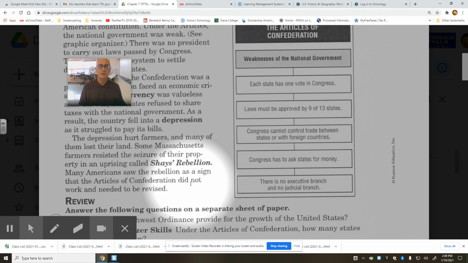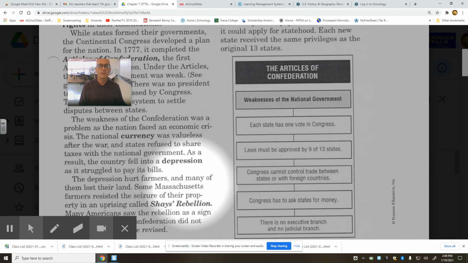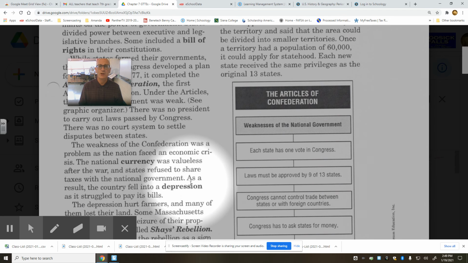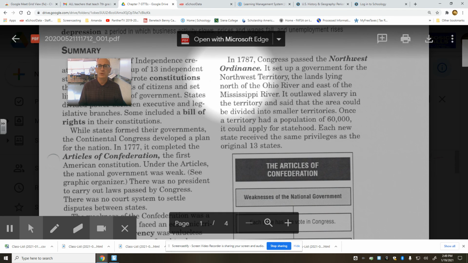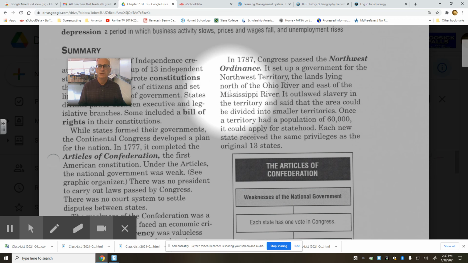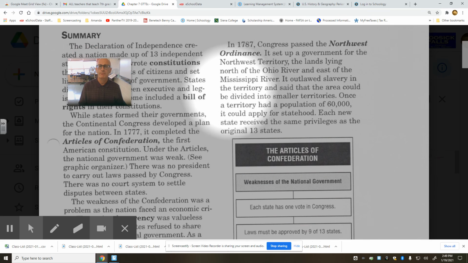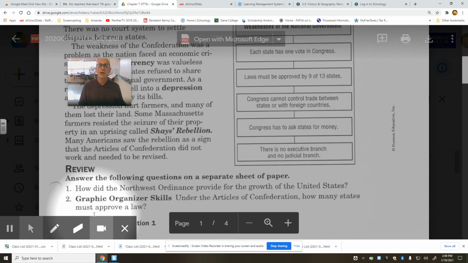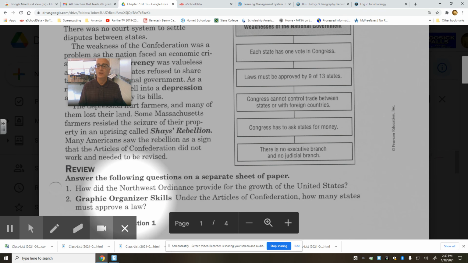And you can find the answer to that question in the reading here that talks about the Northwest Ordinance. So take a moment to answer question 1. How did the Northwest Ordinance provide for the growth of the United States?